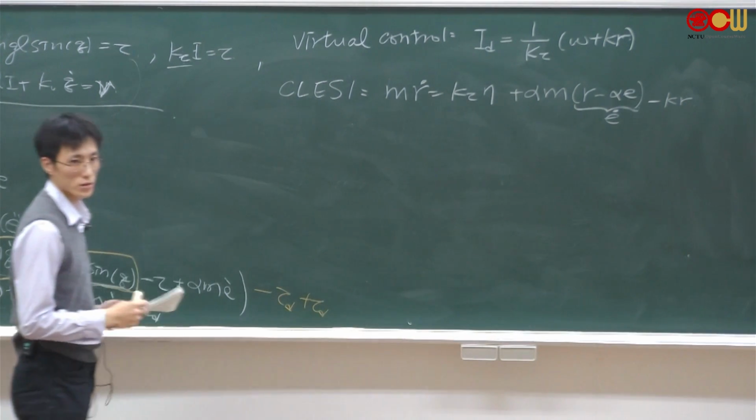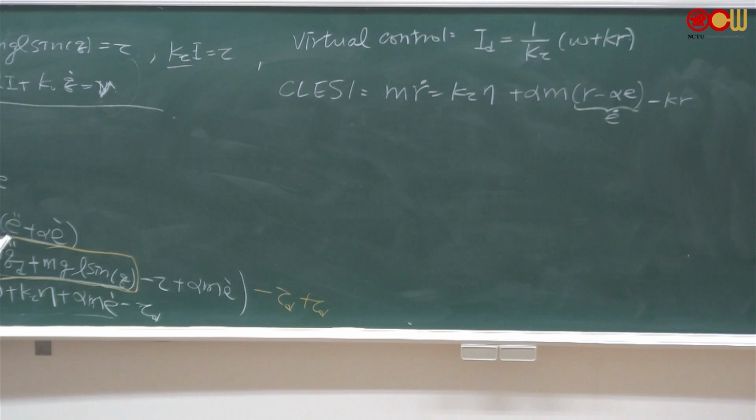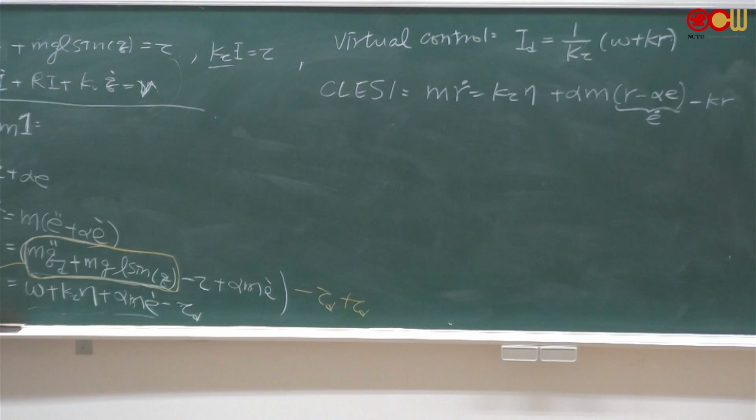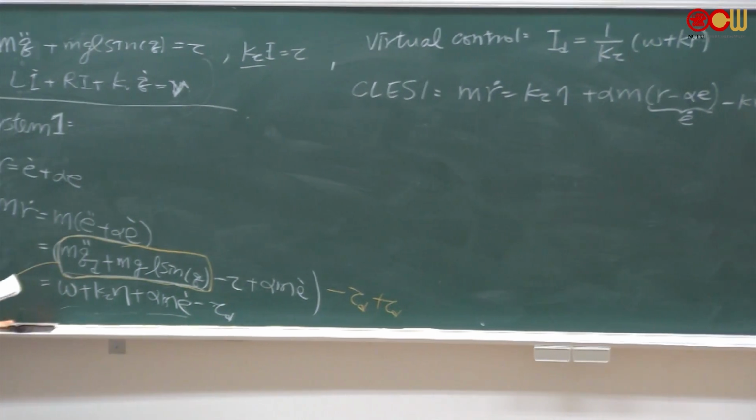This is the closed loop error system. And we decompose E dot to be r minus alpha E using this relation.